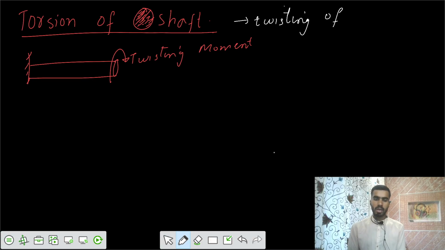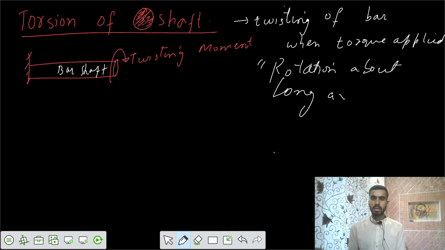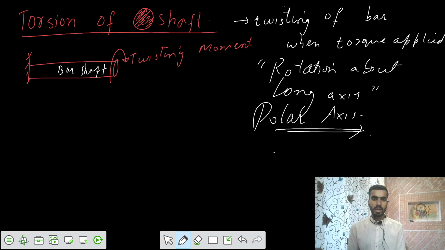Let's say this is your shaft, or we can say bar. Torsion is the twisting of that bar when torque is applied, and the member rotates about the long axis, which we also call the polar axis.